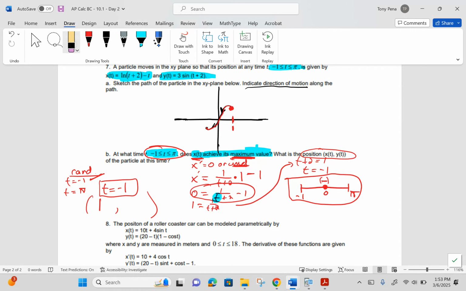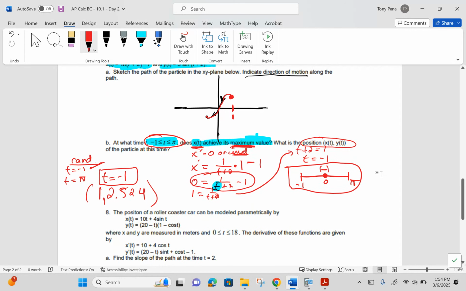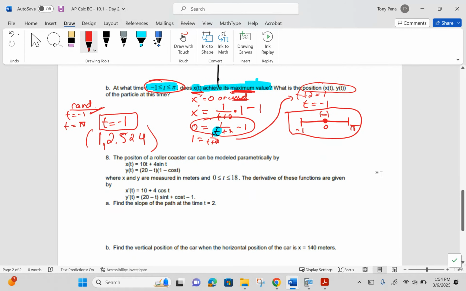And we should get 2.524. Okay, good with all that? Okay, we'll get the next one started.